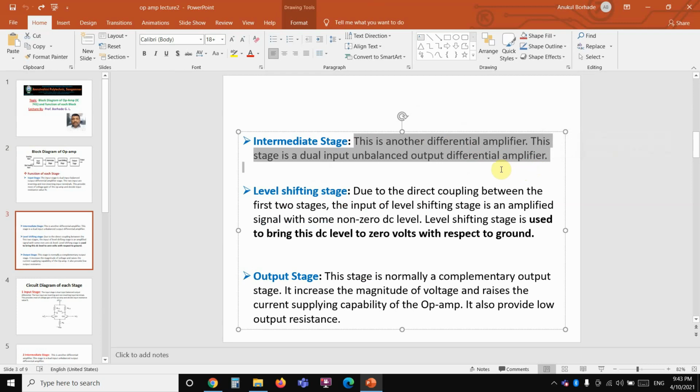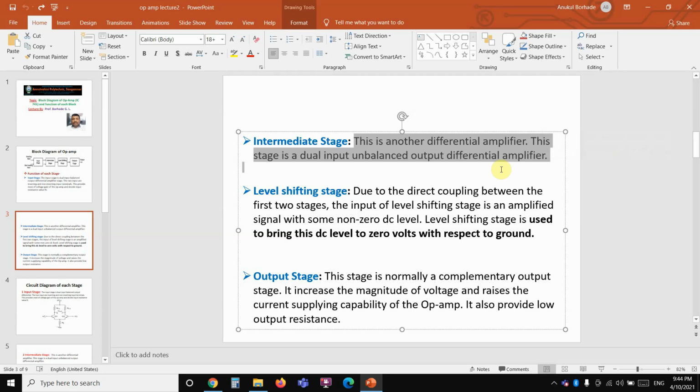Because it has two inputs and one output, that is unbalanced. Therefore it is another differential amplifier.